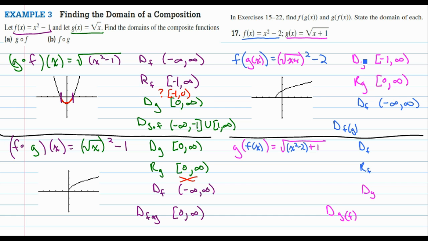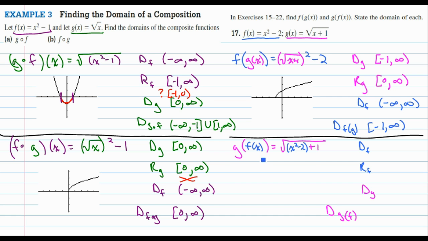So there's nothing that the g function will output that I can't plug in to the f function. So there are no further restrictions on the domain of g. So the domain of the composition is just the same as the domain of g. -1 to infinity, including -1.